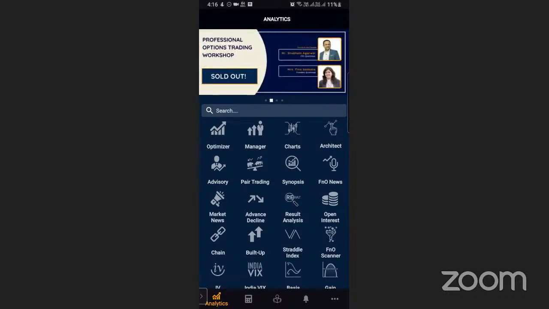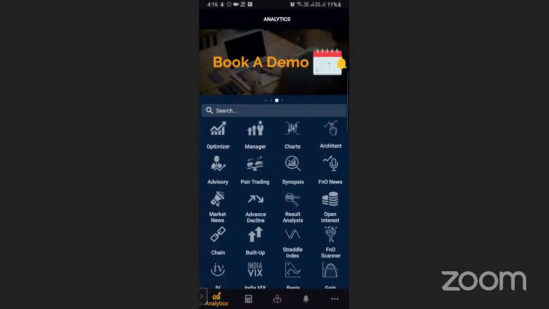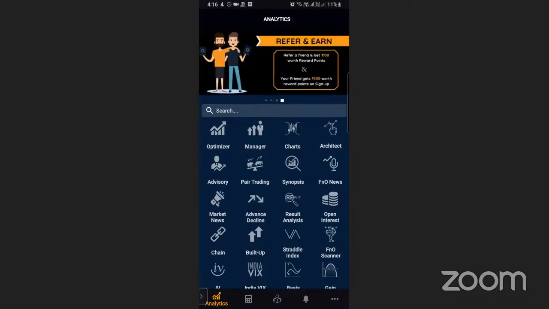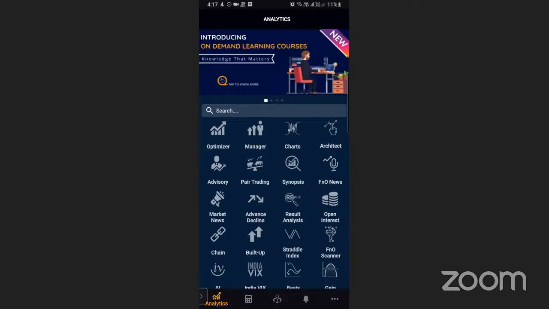So first we're going to see about the chain what if, and what are the useful things we can take out of the what if when we are doing either positional trades or intraday trades. So I'll switch to my laptop.